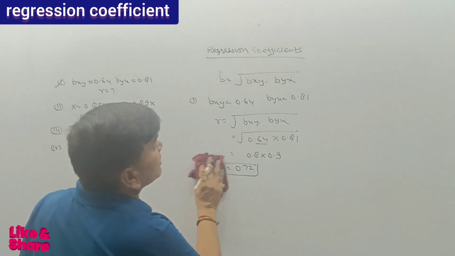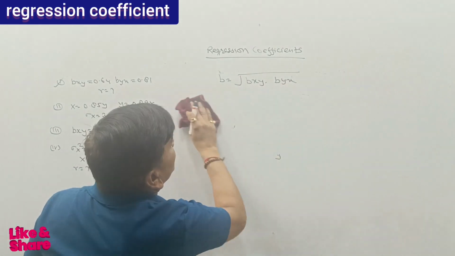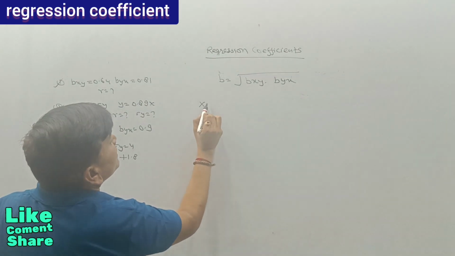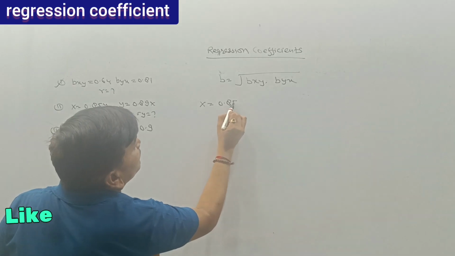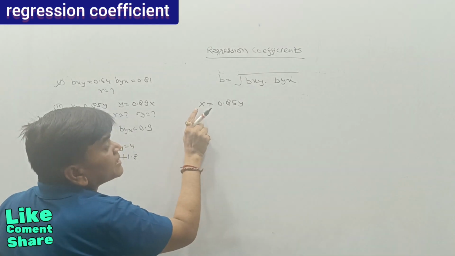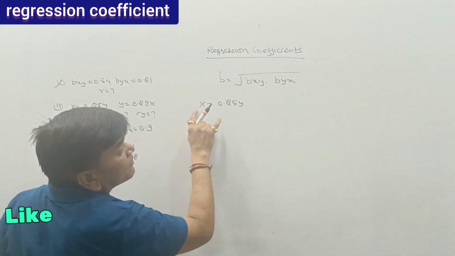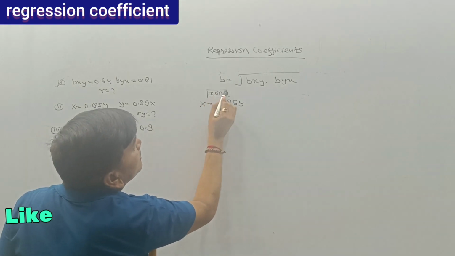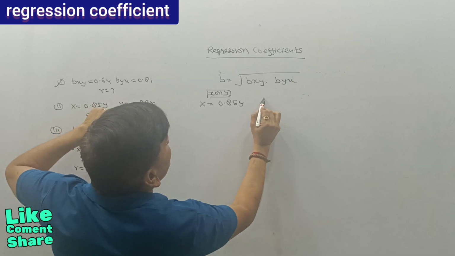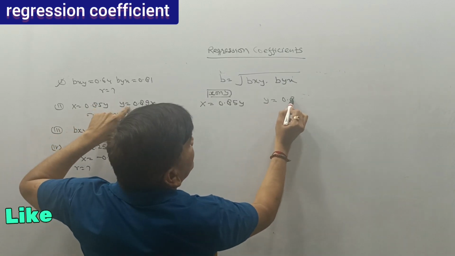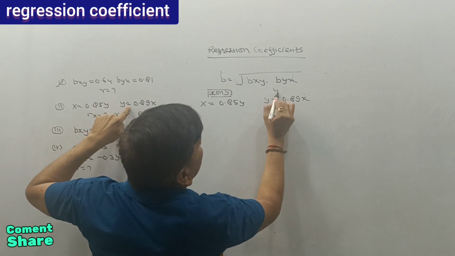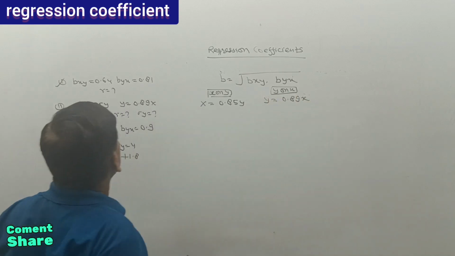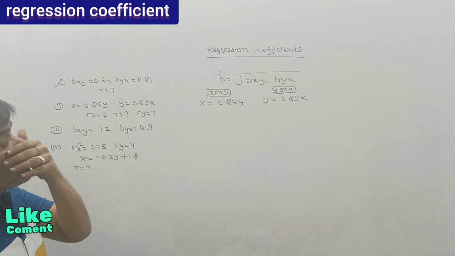For the second question, the x on y equation is given as x equals 0.85 y. Here x is first and y is last, so this is x on y. The second equation given is y equals 0.89 x, so this is y on x. Now we have to calculate the value of r.